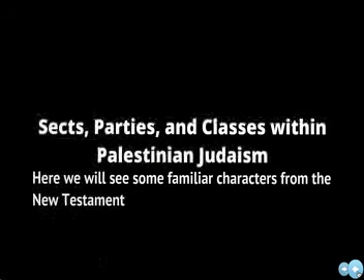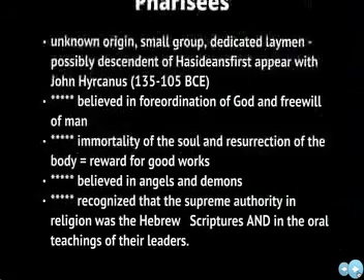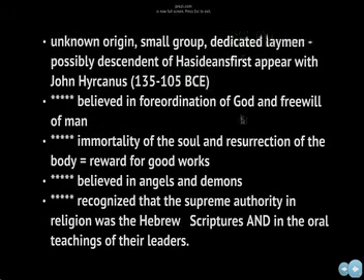There are sects, parties, and classes within Palestinian Judaism. Here we will see some familiar characters from the New Testament. When you read the New Testament, you need to know who the Pharisees are. Jesus encounters them a lot.